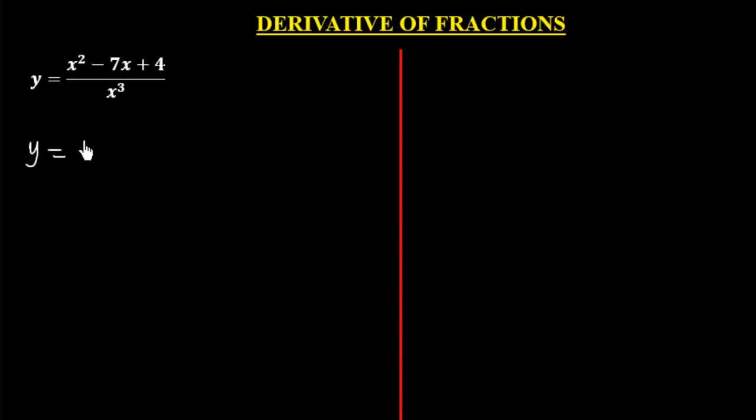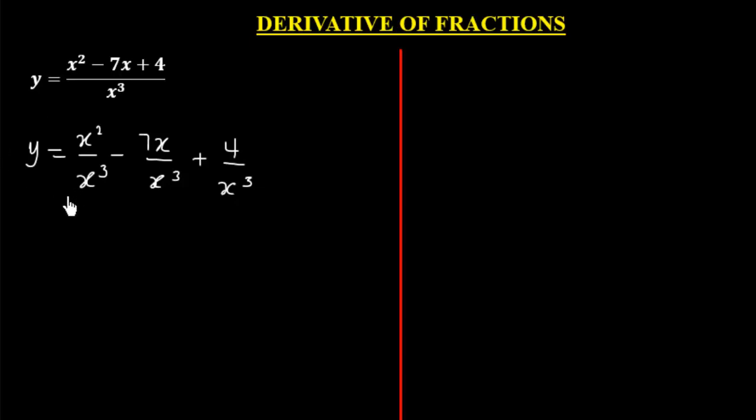y equals x squared divided by x cubed minus 7x divided by x cubed plus 4 over x cubed.